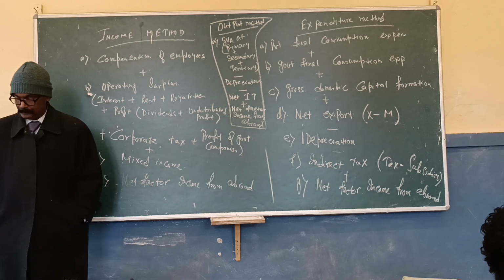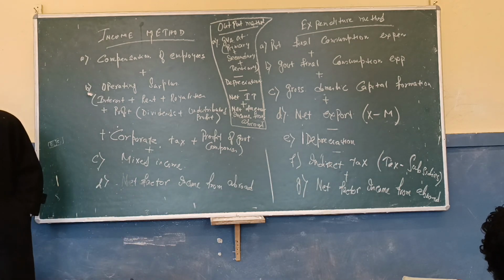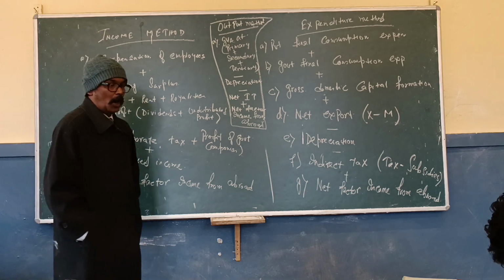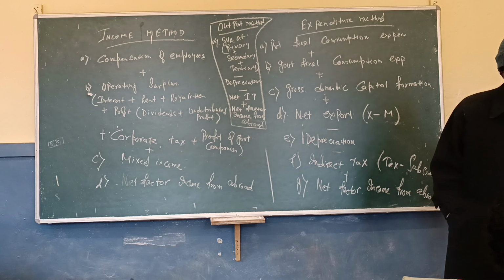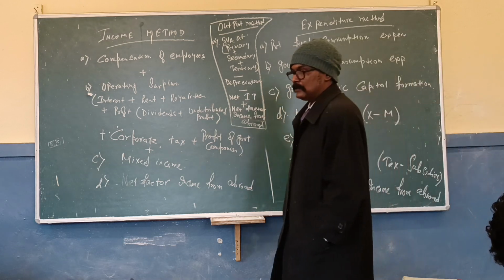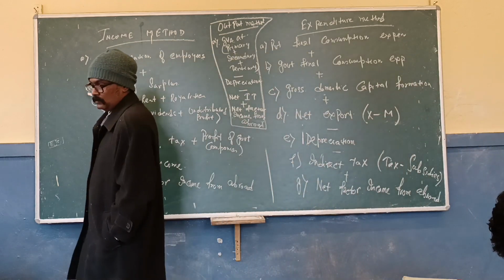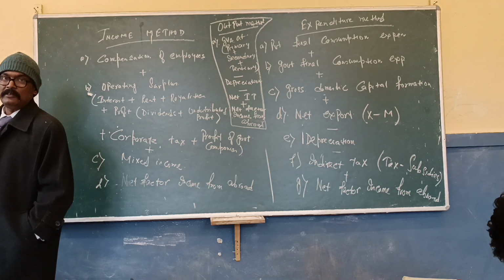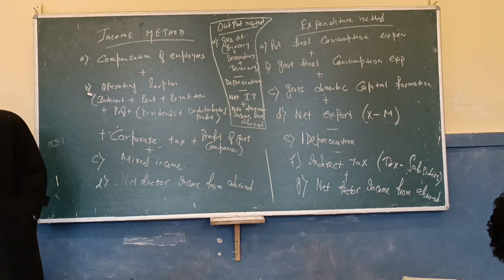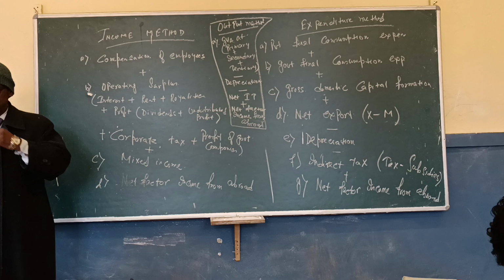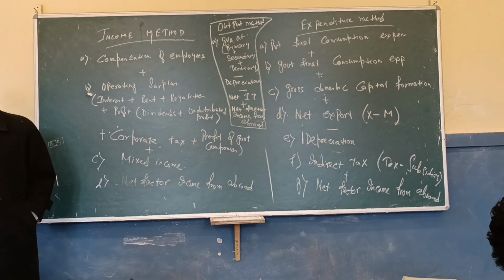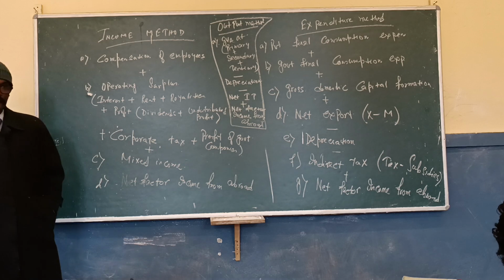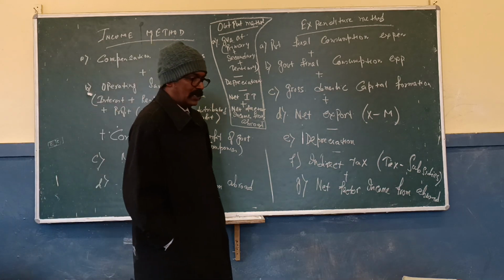Number 12, consumption of fixed capital is 120. Okay? So I am giving all of you 2 minutes time to do the income method first. First, all of you do the income method.